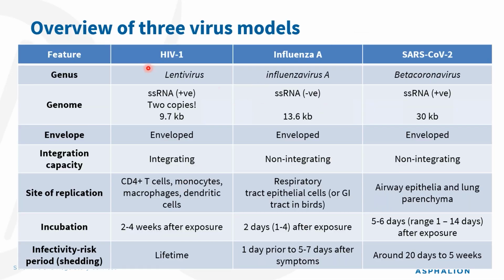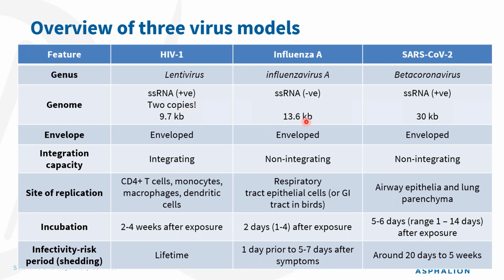So here's just a quick high-level overview of the three viruses that we're going to go through. We're not going to go through the biology of these viruses, but just a few quick things. The three models we have today are all RNA viruses. They either have a positive strand genome or a negative strand genome. HIV, interestingly, has two copies of the positive strand, so it's not a positive-negative double helix in the genome.